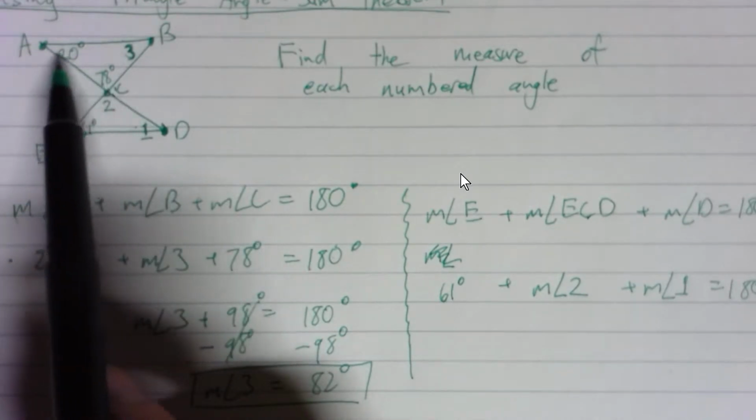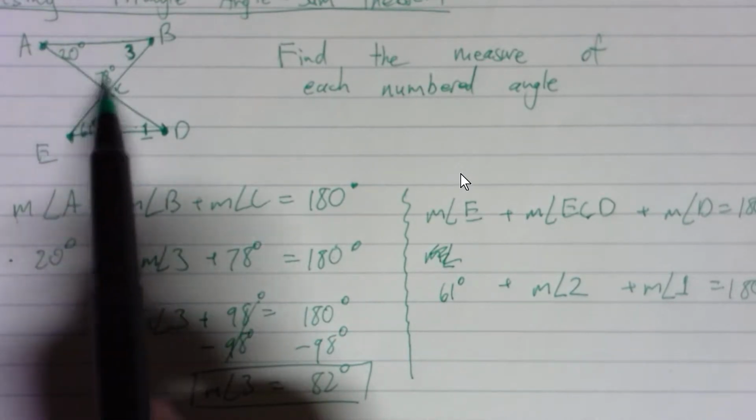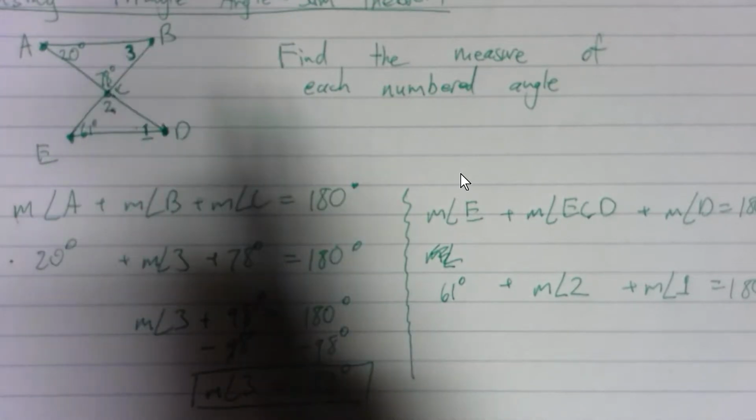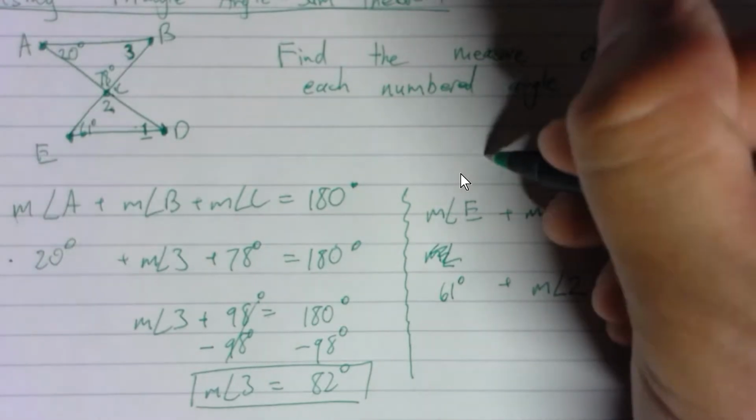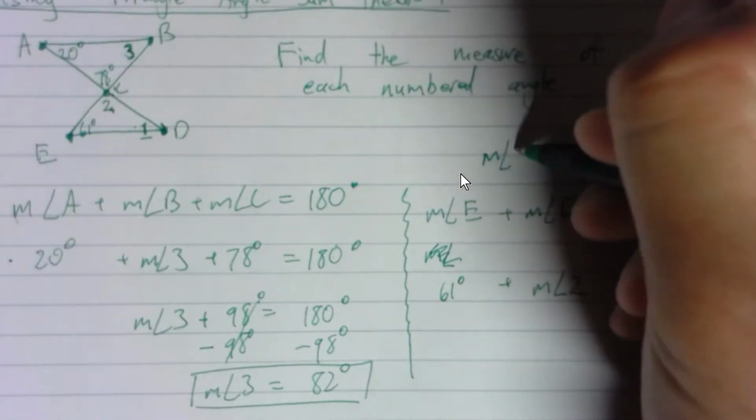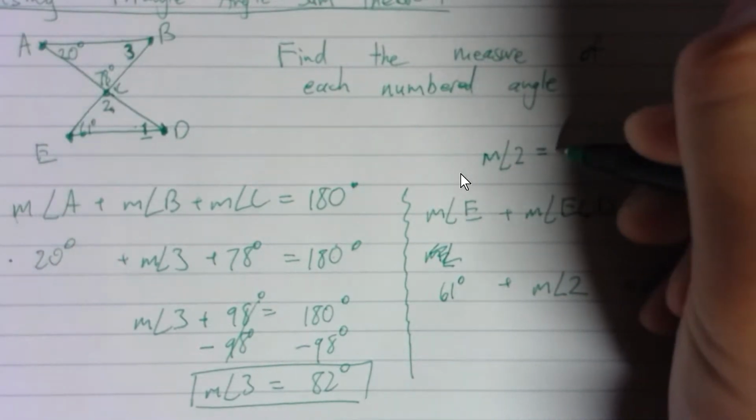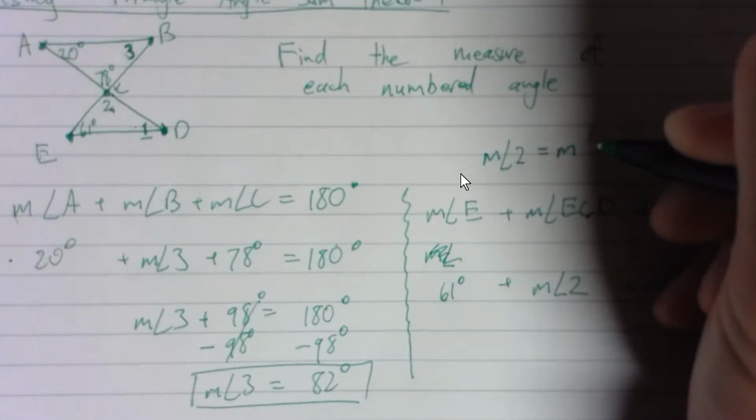This measure of angle ACB, which is 78 degrees, should be equal to the measure of angle 2. So let's make a note up here that the measure of angle 2 is actually equal to the measure of angle ACB.